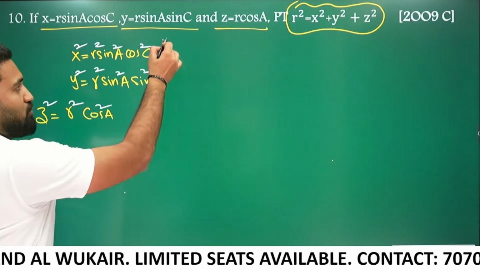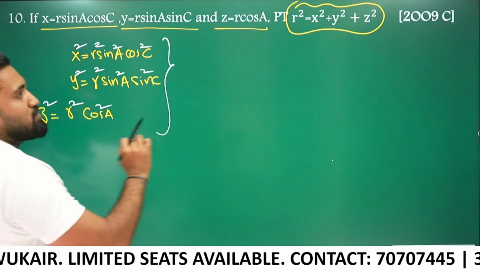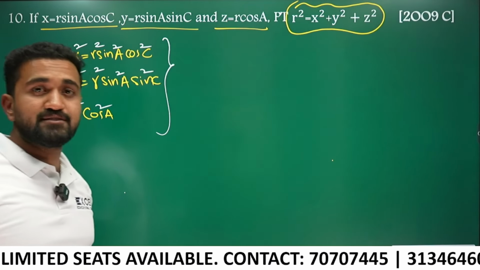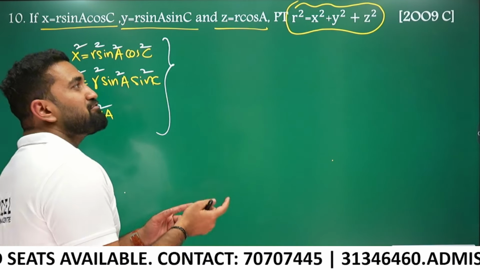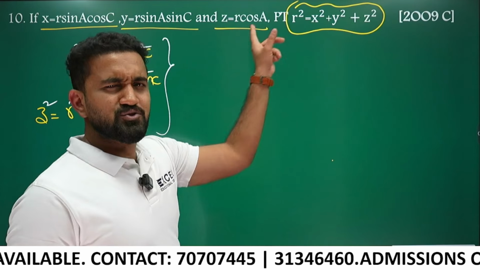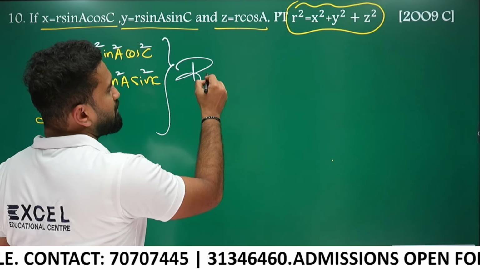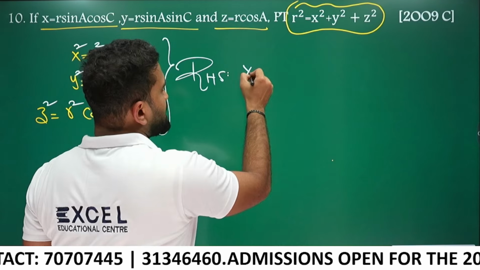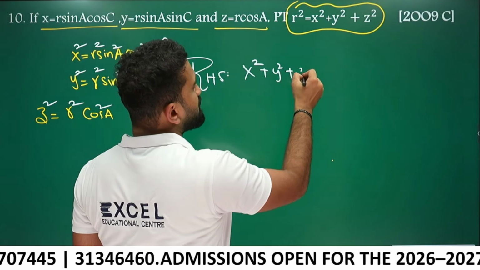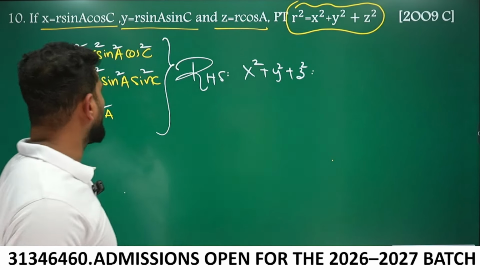Now, you have to add all these because you are having x square plus y square plus z square. So will you start from LHS to RHS or RHS to LHS? You'll be starting with RHS, that is x square plus y square plus z square. Come on guys, what is the value of that?